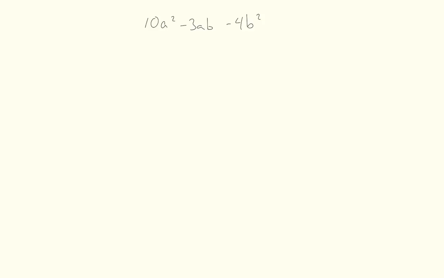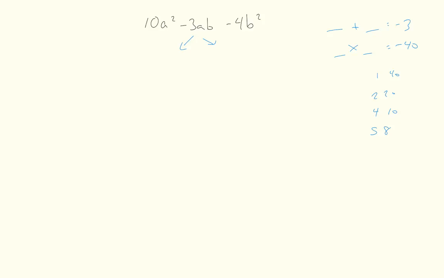Okay, well, we're going to decompose the middle term. We're going to decompose that minus 3 into two things that add to the negative 3, of course, and multiply to the same thing as a times c, so it must multiply to negative 40. So things that multiply to 40: 1 and 40, 2 and 20, 3 and nothing, 4 and 10, 5 and 8, and I guess that's about it.